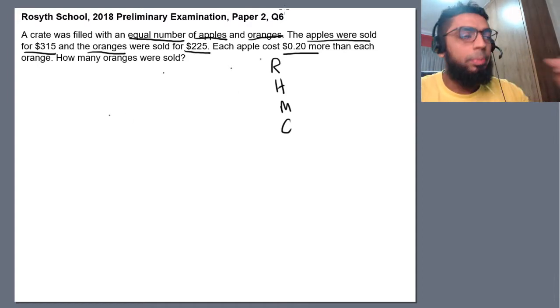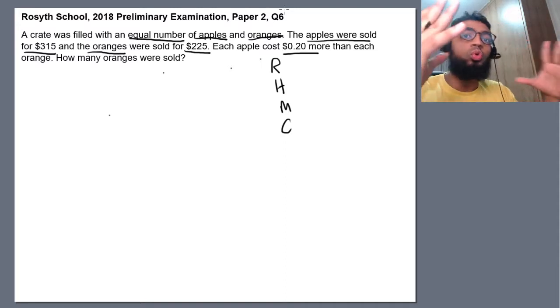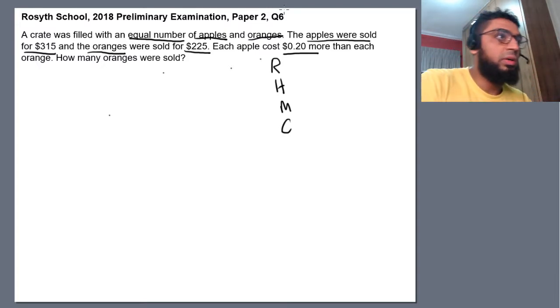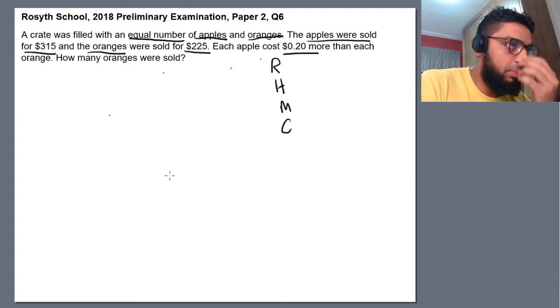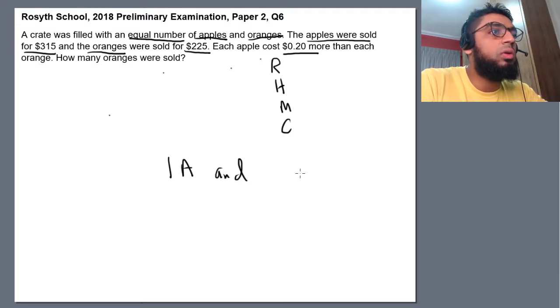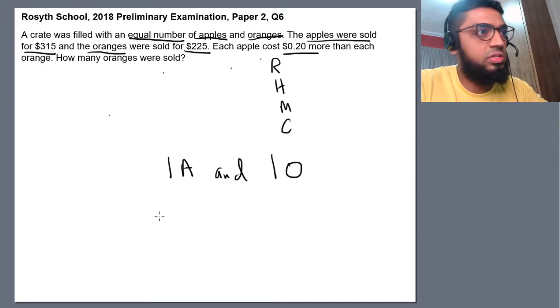Okay, so to approach this question, you've got to understand that there is a total difference between the apples sold and also the oranges sold. Before I dive into the steps, take for example, if I am selling just 1 apple and 1 orange, what is the price difference that I will have?